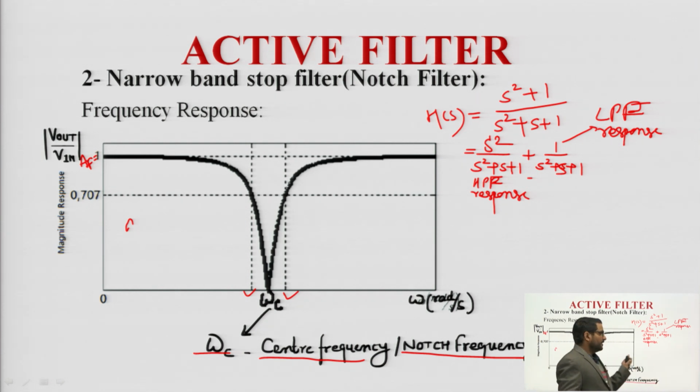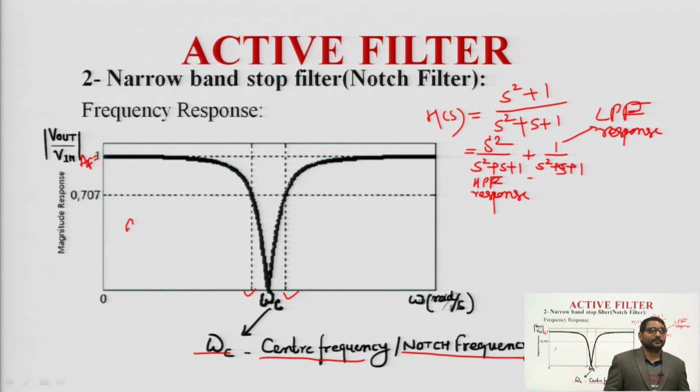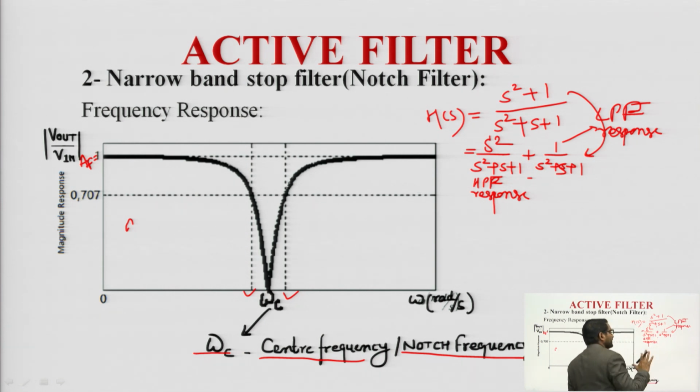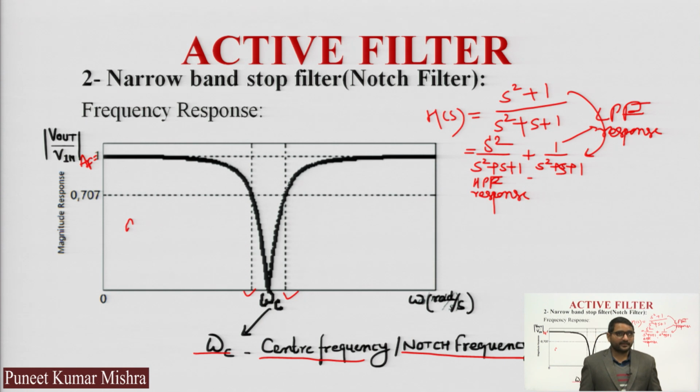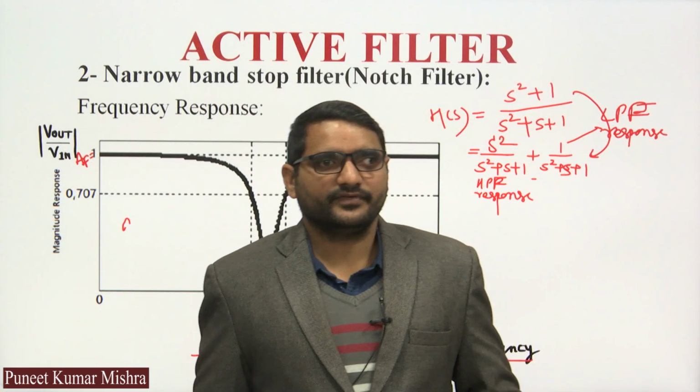At the initial stage of this lecture we confirmed that it is the combination or addition of the response of low pass filter and high pass filter, and clearly this transfer function also shows it is the combination of the transfer functions of two filters, that is the high pass filter and low pass filter. Okay. Now, this completes this lecture about the band stop filter or band reject filter. Okay. Thank you.